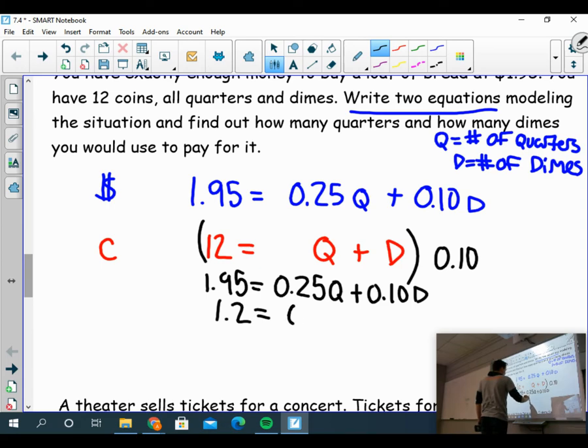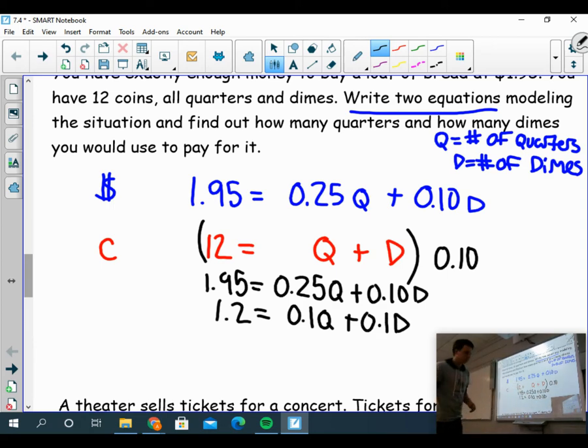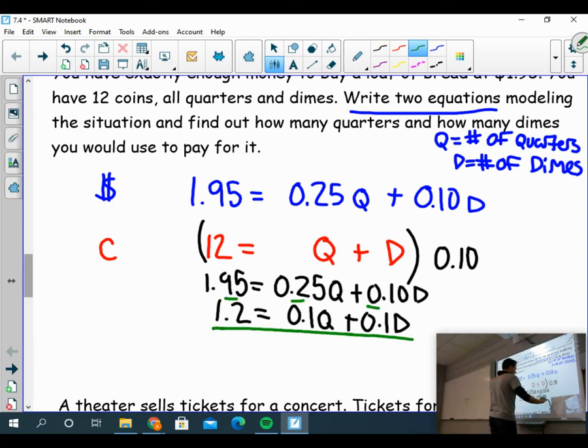And then we have 0.1Q plus 0.1D. What I can do now to eliminate my D variable, I will go ahead and subtract. And that leaves me with 0.75 equals 0.15Q.